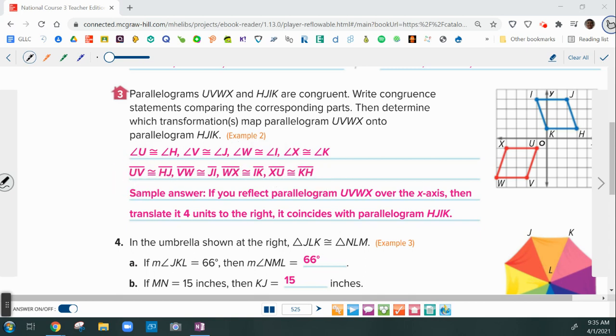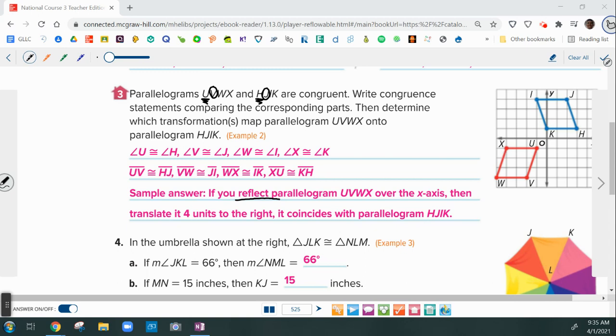Okay, pause and check this. And make sure that you had something about a reflection in your description. Some people may have reflected it just the wrong way, but the key here is that you have to get U to map on top of H and V to map on top of J. So you can't just slide it any old way and place it on top.